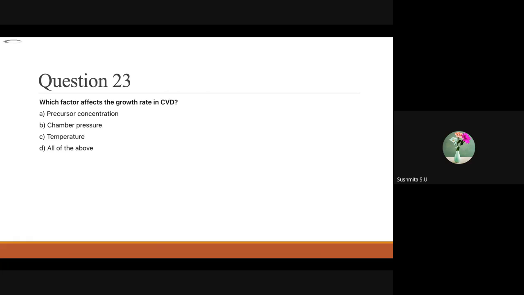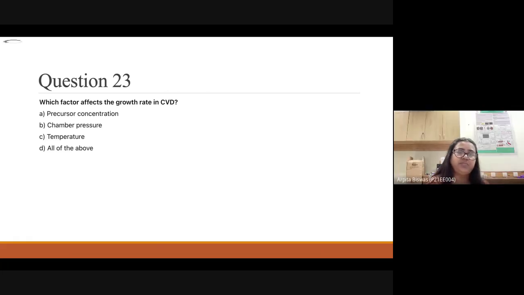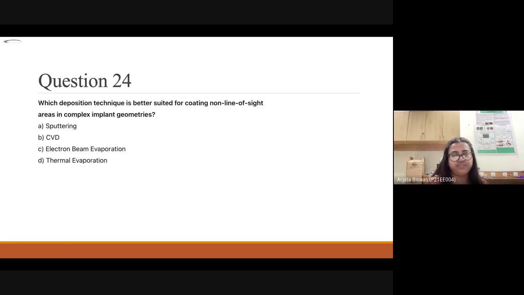Precursor concentration means how much precursor you are taking, and then you evaporate and react. Of course, the precursor concentration also affects the growth rate. If you take more material or more concentration, the deposition rate will increase, right? So the right option is all of the above.